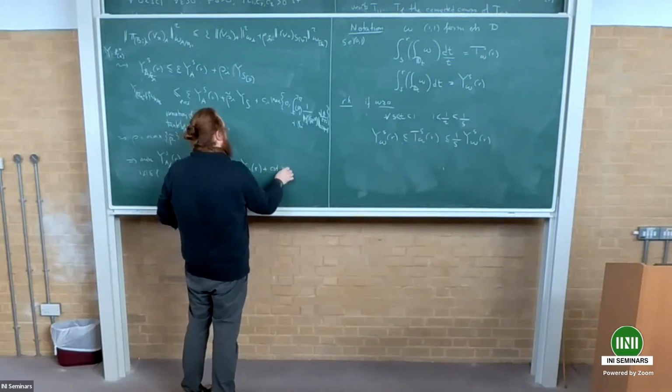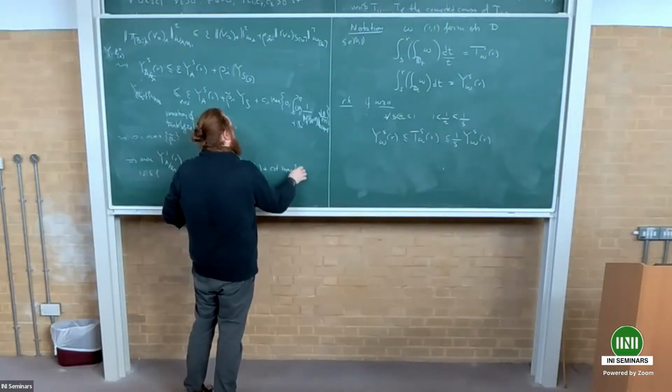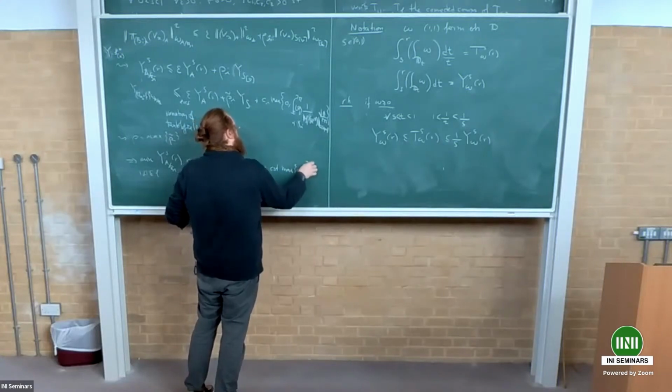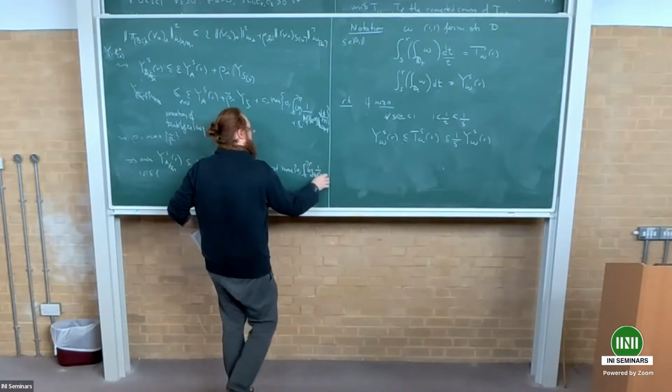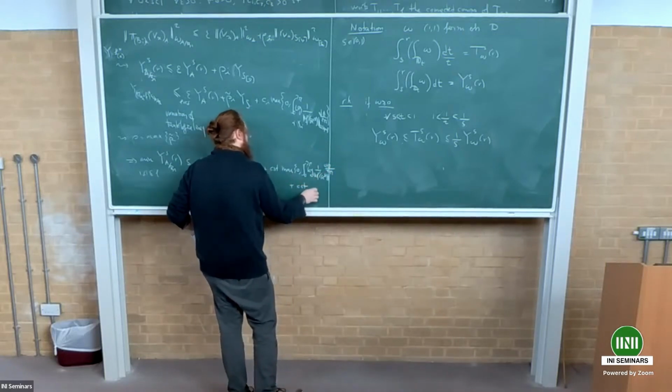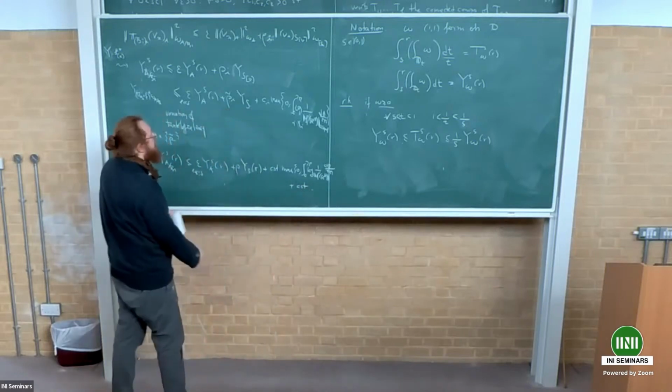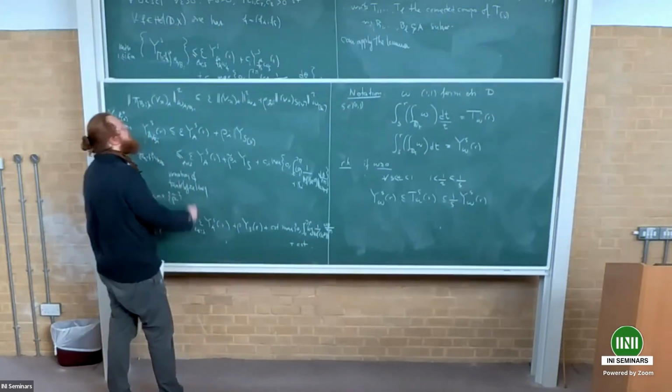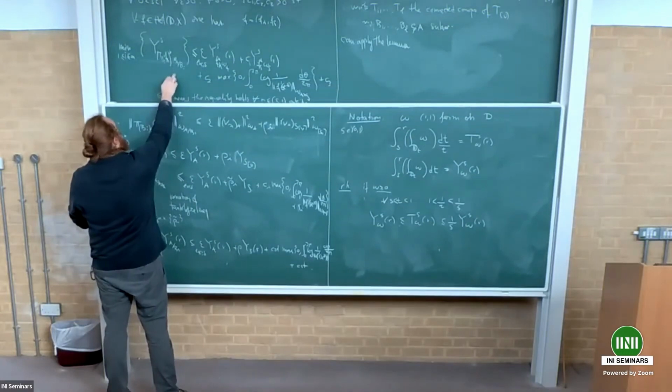Maybe I will stop keeping track of this. I plus some other constant. Okay, and so this is exactly, in a slightly simplified notation, exactly what I have here, right?